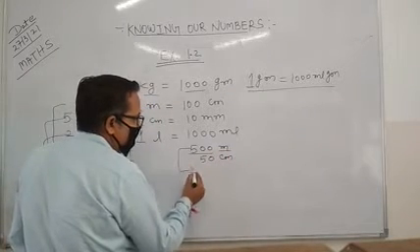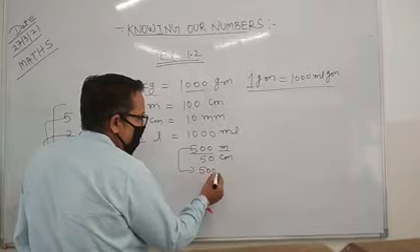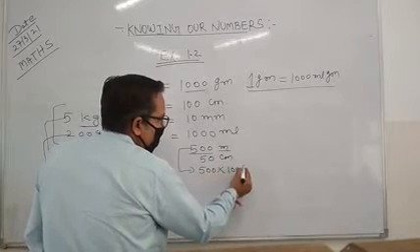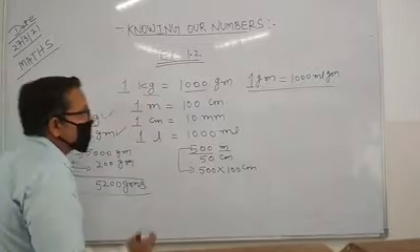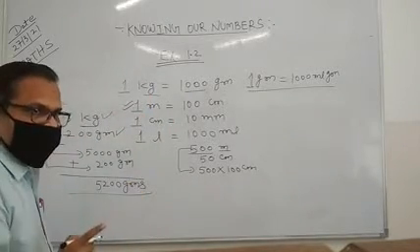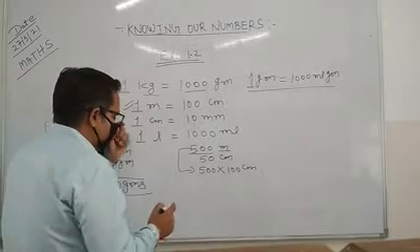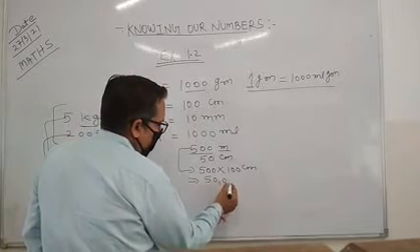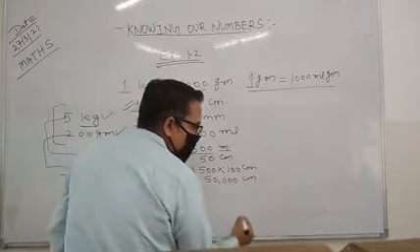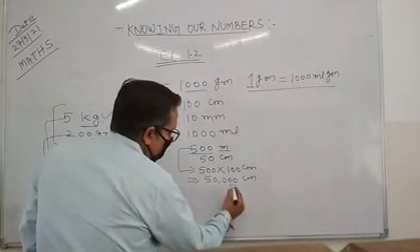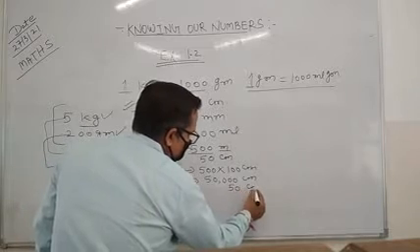For that I have to multiply 500 meters by 100, because 1 meter equals 100 centimeters. So that has become 50,000 centimeters.